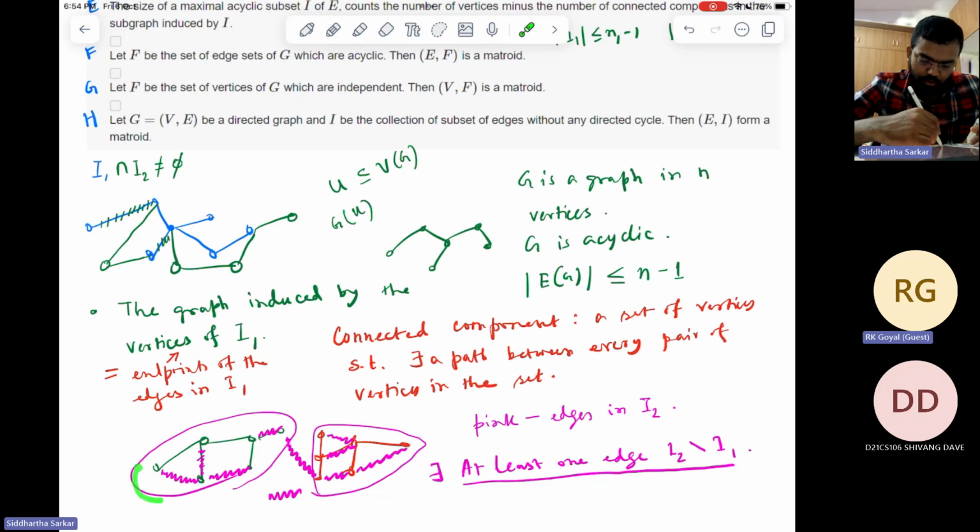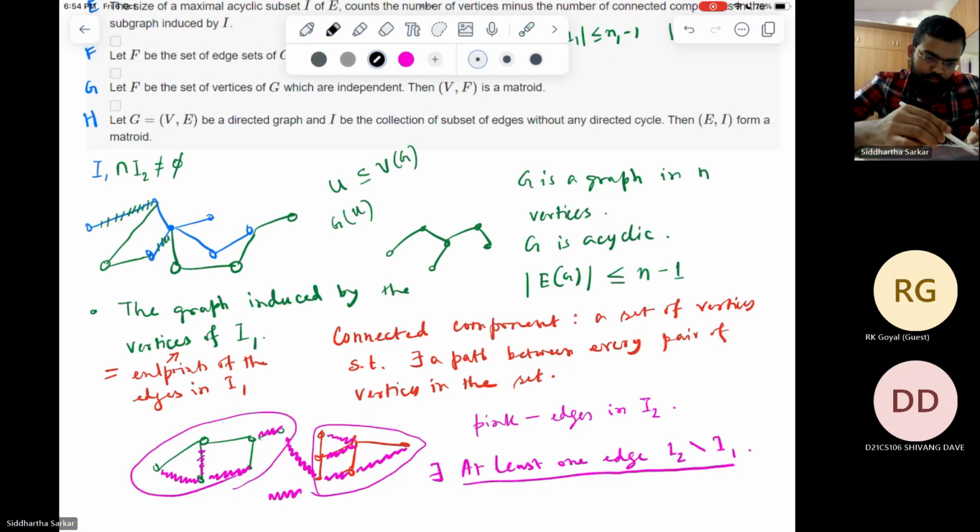For example, in this connected component, these edges were in I1, the pink edges were in I2, but there could be other edges present in this connected component which are not in I1 and I2. Maybe there are other edges. Nobody is ruling out this edge.